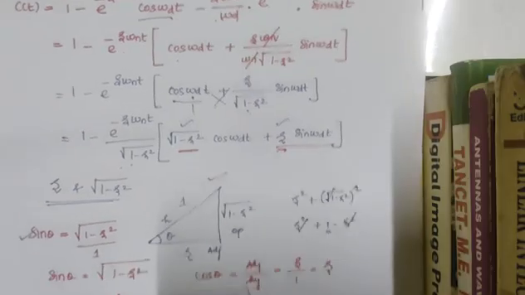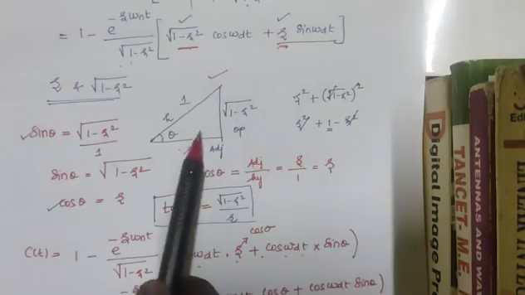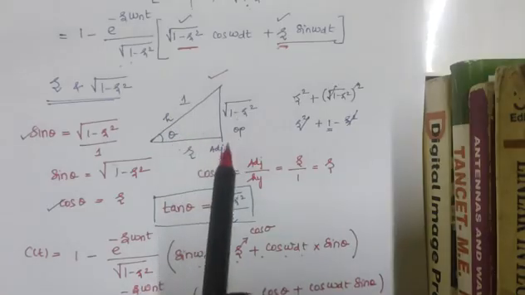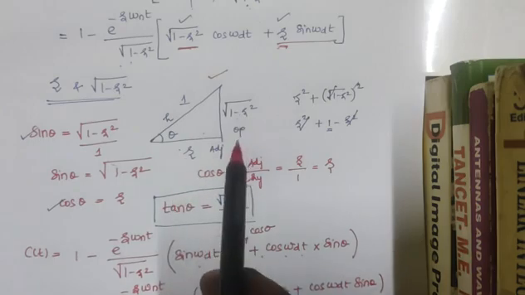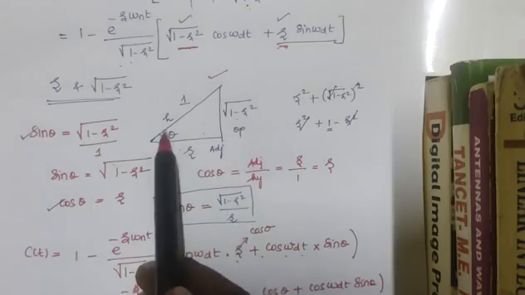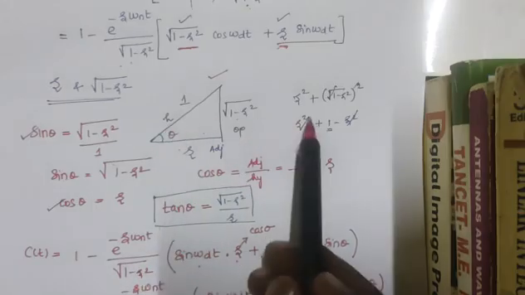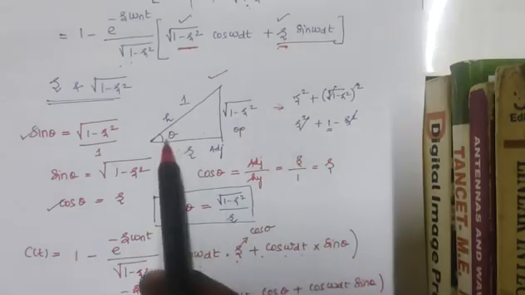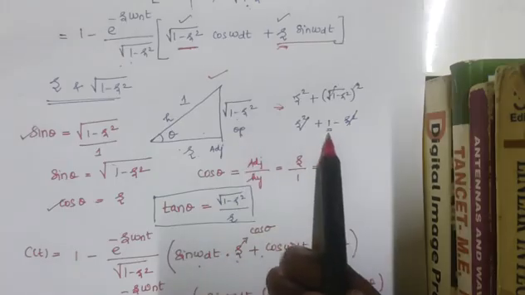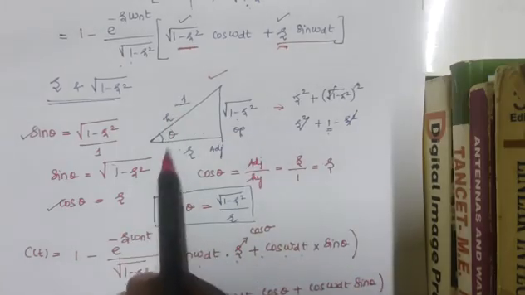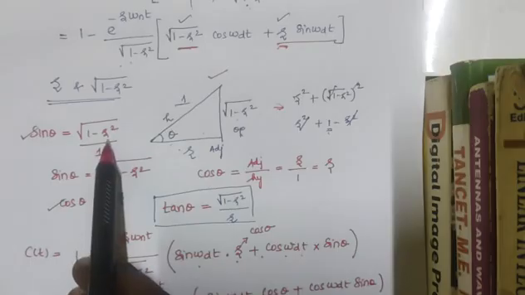Now you can use the square root of 1 minus psi square and psi to construct this right angle triangle. You see this, we have constructed the right angle triangle with psi as the adjacent side and square root of 1 minus psi square as the opposite side. Obviously your hypotenuse is the square root of adjacent square plus opposite square. You will get the value as 1. That's why I have entered it here. Now I am writing sine theta.